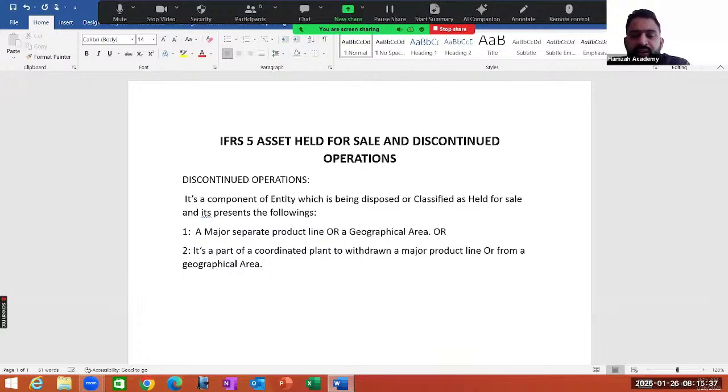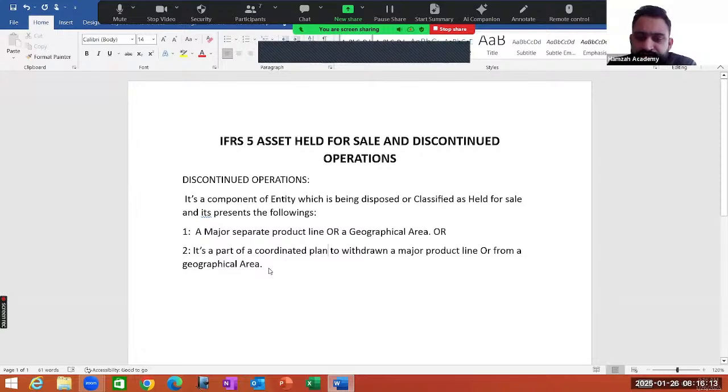Or you have a coordinated plan where you have made a plan of restructuring, and as a result of that, you are withdrawing your major product from a product line, or you are withdrawing your product from a geographical area. That part of that coordinated plan would also be considered a discontinued operation.